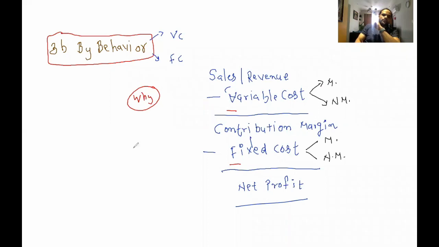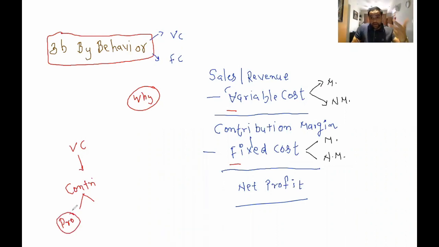The reason is the argument to divide cost on the basis of behavior: variable cost contributes in production, because direct material, direct labor, direct expense are directly involved, contributing to maximize the production, right?